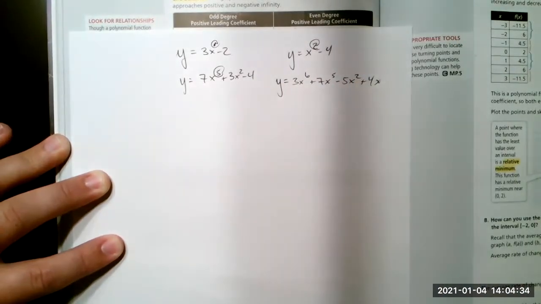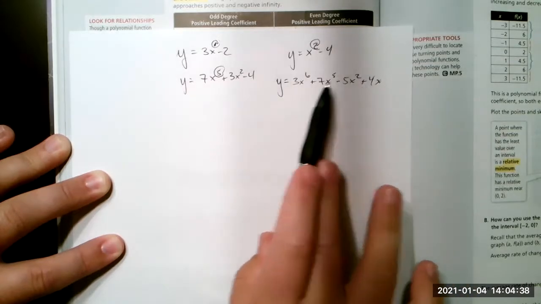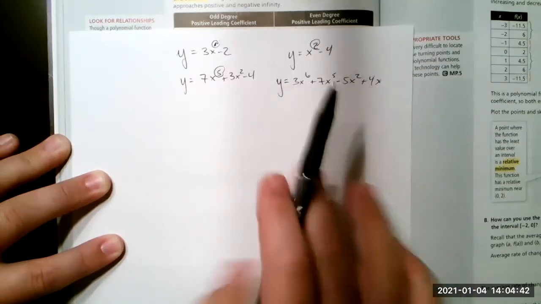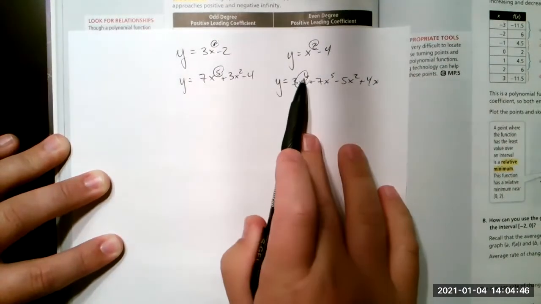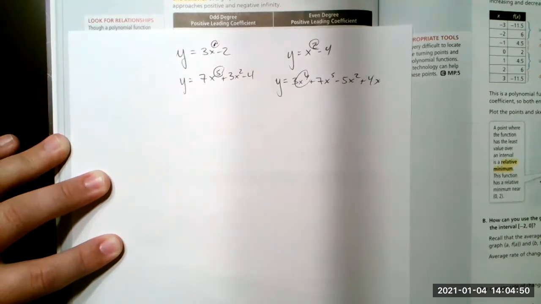Again, we don't really care how many terms are in this. You're looking for the highest degree term that you have here. Out of these 4 listed right here, the highest degree is right here, x to the 6th. 6 is an even number, so that would be an even function.